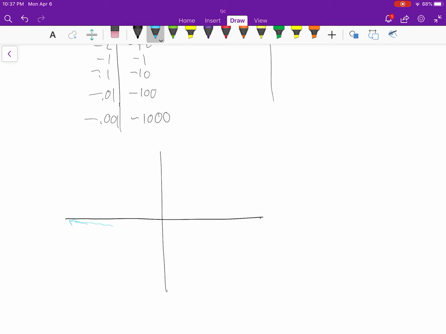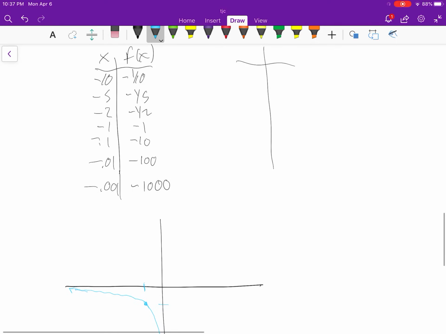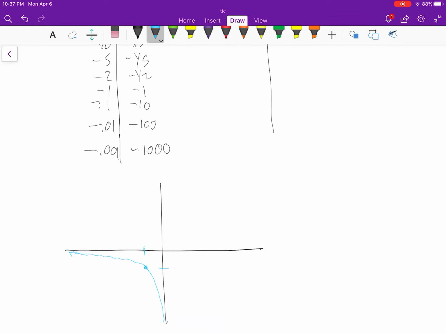And then let's say right here is 1, negative 1, and here's negative 1. So you're right there. And then we're spinning off to negative infinity. But we're never crossing x equals 0. We never actually get to 0 because as it goes off to negative infinity on the left-hand side, it approaches 0 but never becomes 0. And we never also cross y equals 0. So we're not crossing y equals 0 or x equals 0.